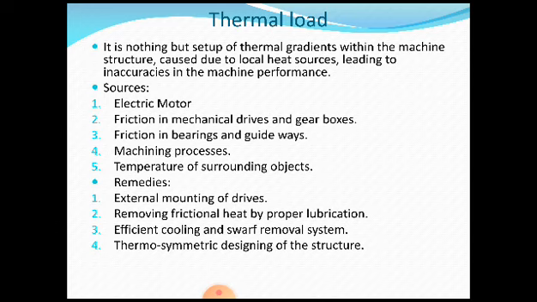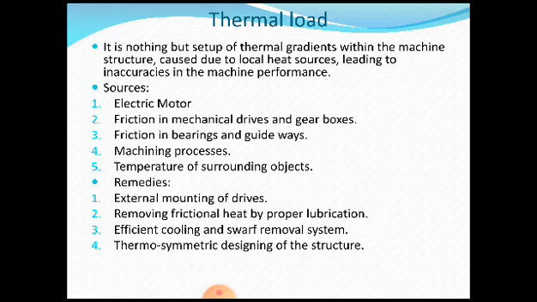So for that purpose, let us understand what are the sources which can lead to an increase in the temperature of the machine structure of the CNC. The first one is the electric motor. We know very well that whenever electric motors are being used as a driving element in a CNC machine, that heat has to be dissipated in a proper way out of the machine structure.